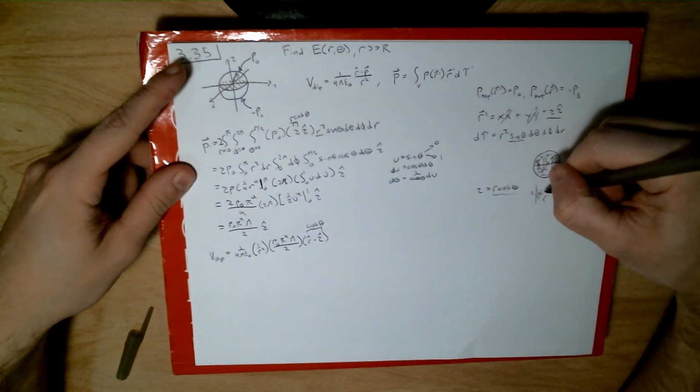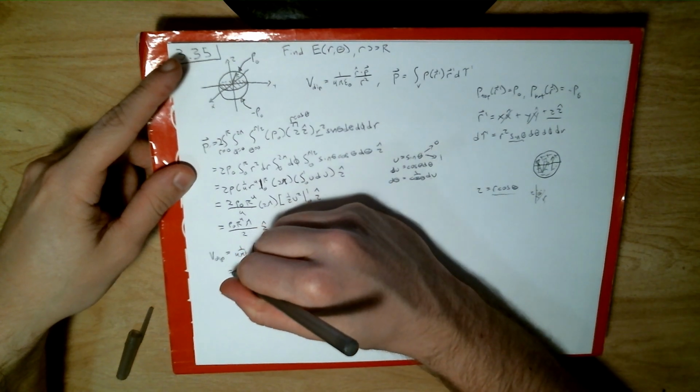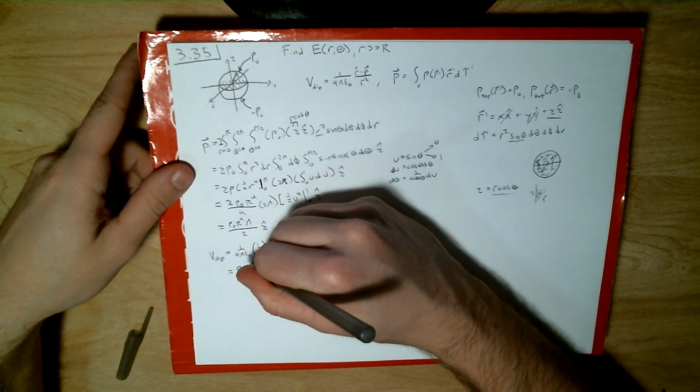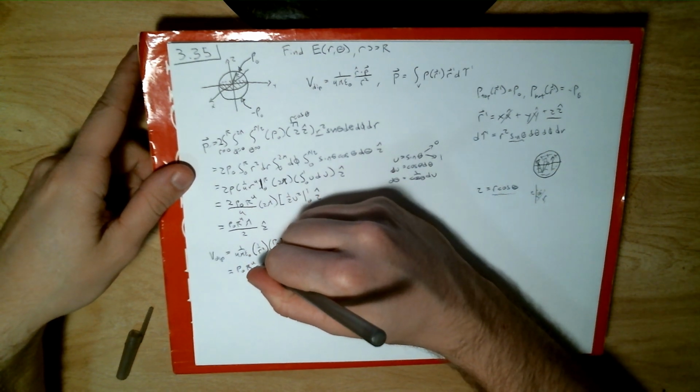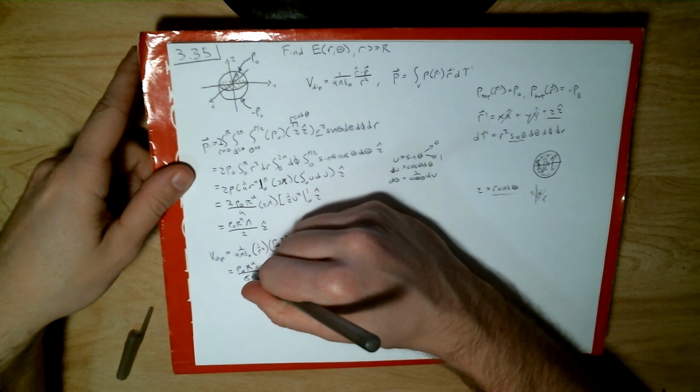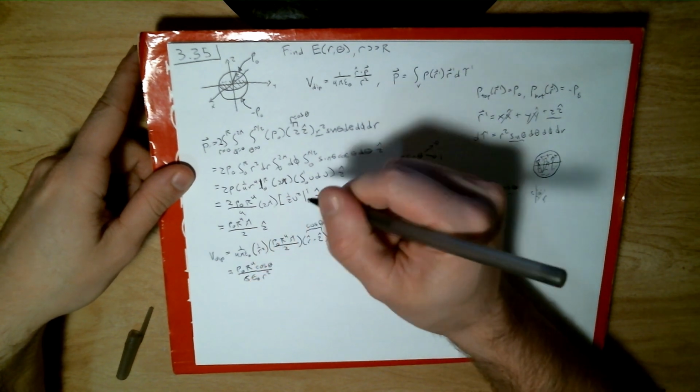Same reasoning as over here, all just to get rho naught r to the 4th cosine theta all over 8 epsilon naught r squared.